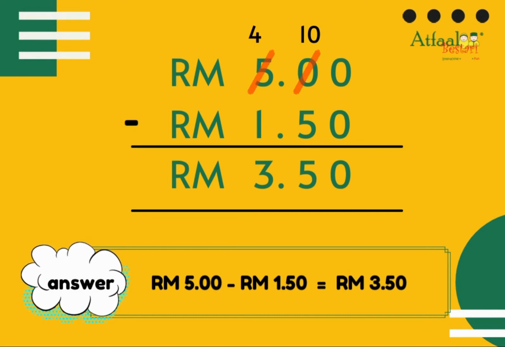Then 0 minus 5, you need to borrow from 5. So 5 minus 1 equal 4. Then 0 will be 10. So 10 minus 5 equal 5. 4 minus 1 equal 3. The answer is 3 ringgit and 50 cent.